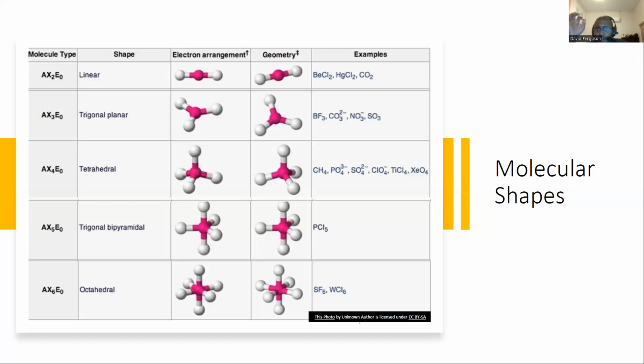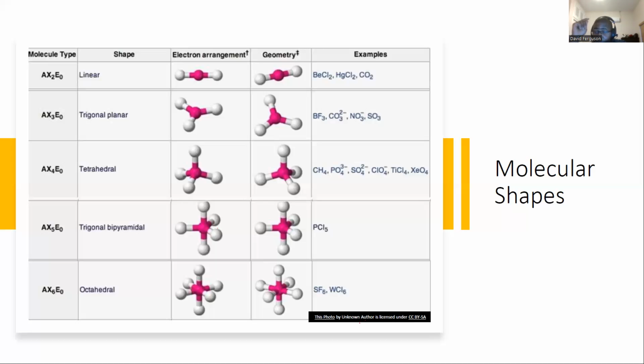Someone pointed out in class that the vertices in the shape do in some way correspond to the electron groups. One thing to always specify when you're talking about molecular shape: do you want the molecular geometry or the electron geometry? Because they can be different at times.